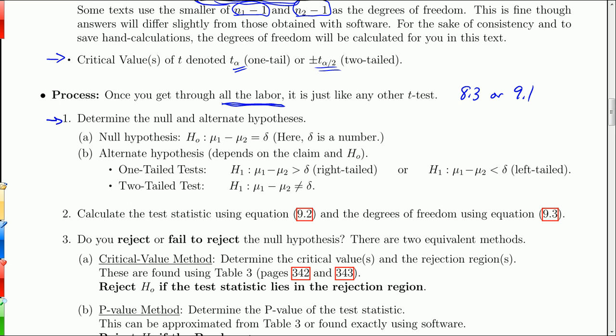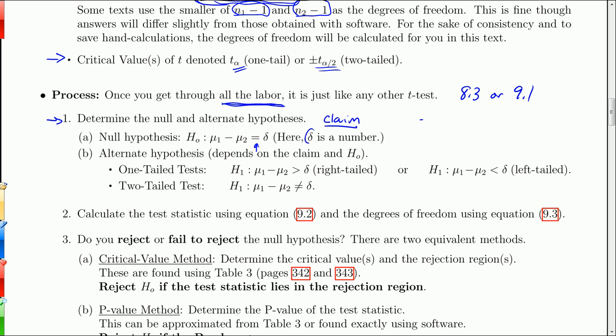We start off, we have to determine the null and alternative hypotheses, and that really starts by getting your claim in mathematical notation. And once you get that claim figured out, you'll have something like, mu1 minus mu2 is greater than, less than, equal to, not equal to some presumed value, right? And the null hypothesis will look just like that, only it has the equal sign, right?